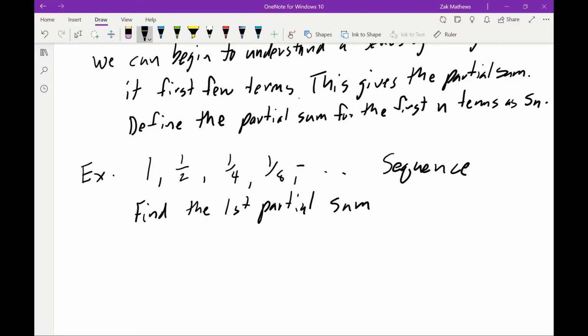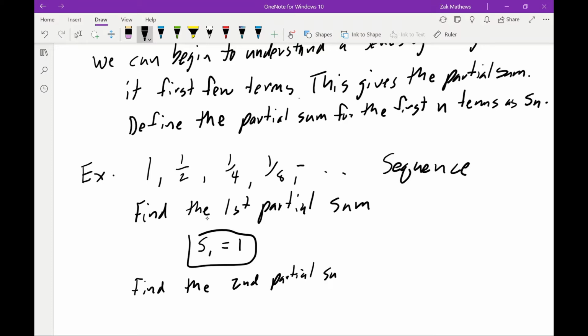Let's start by finding the first partial sum. That means I am looking for S1, which is just the first number in the sequence, which is equal to 1. Let's find the second partial sum, which means we're looking for S2, which says we're going to take 1 plus 1/2. It'll give us 3/2.